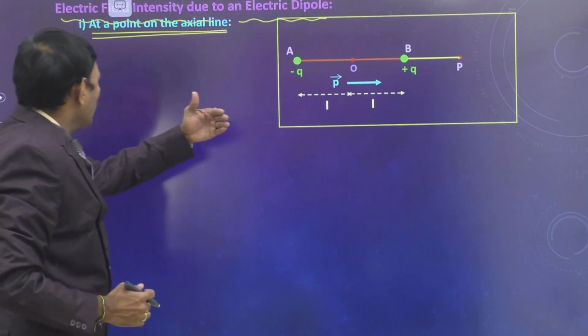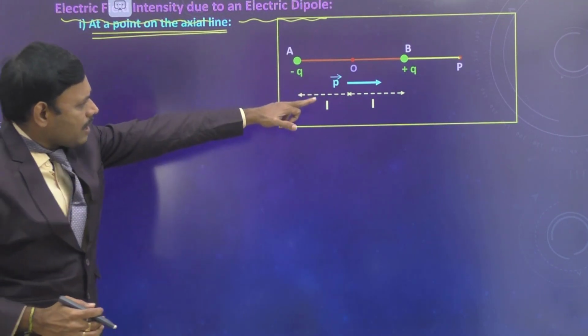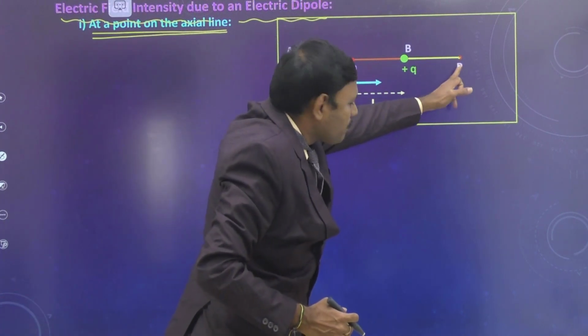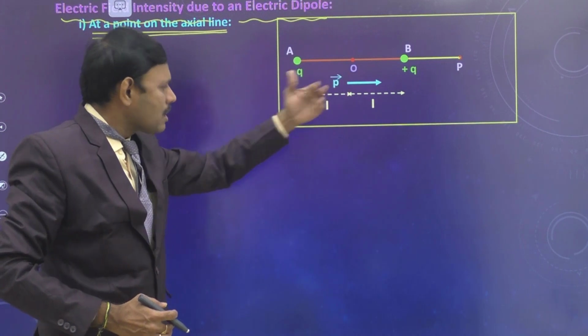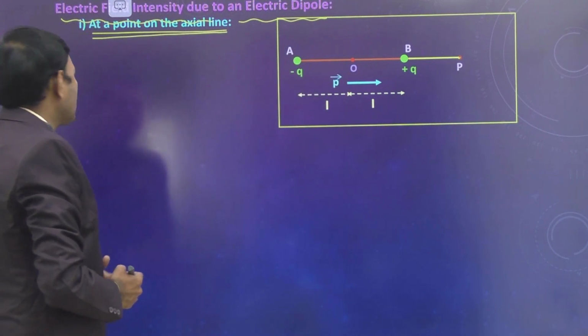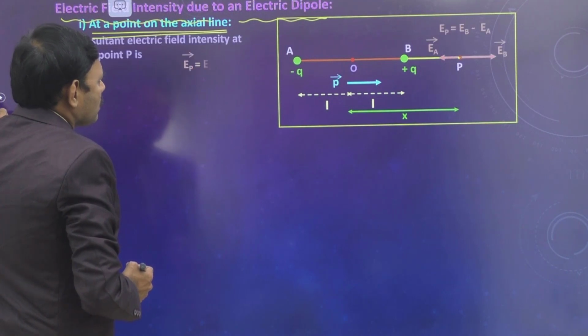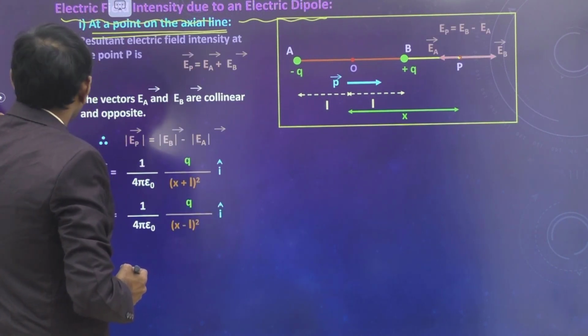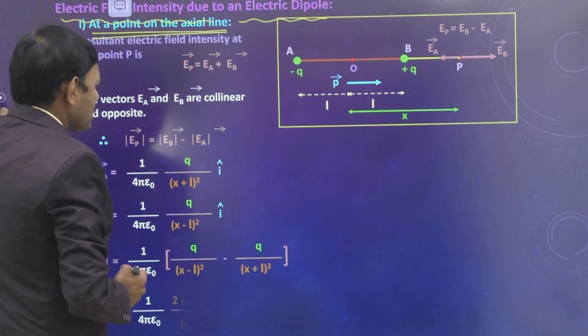We would like to know the electric field intensity at a point on the axial line. We have to write the expression for electric field intensity at that point.